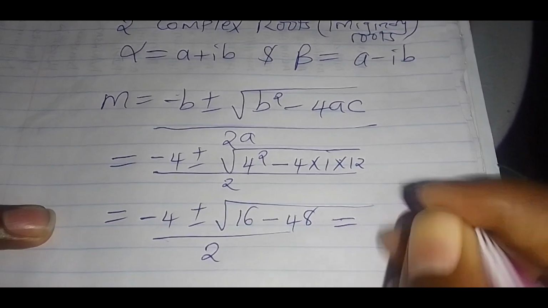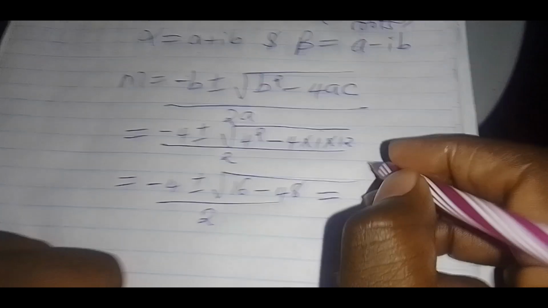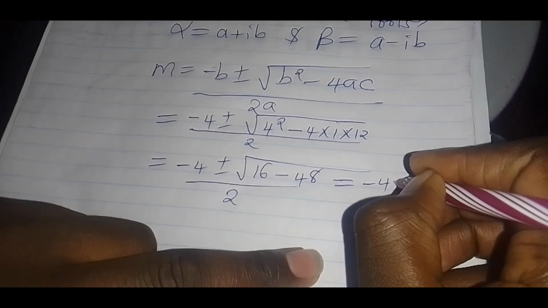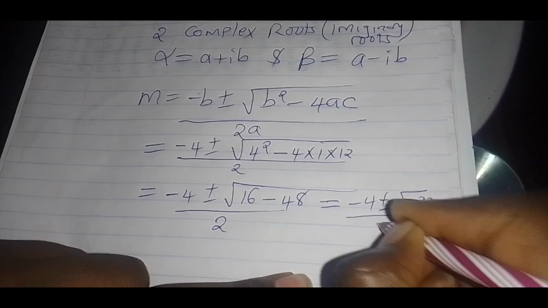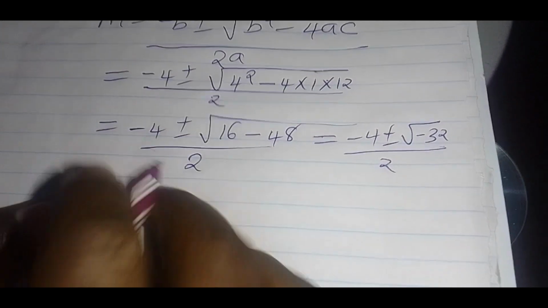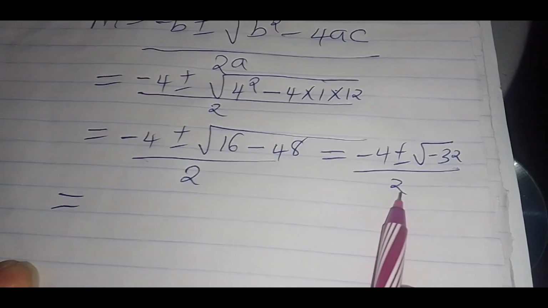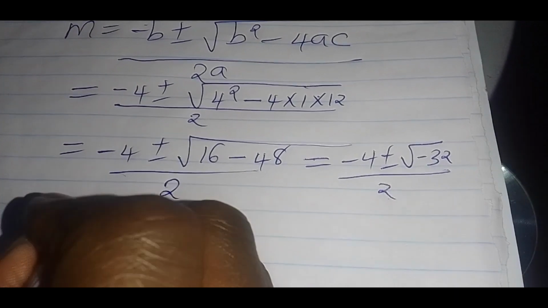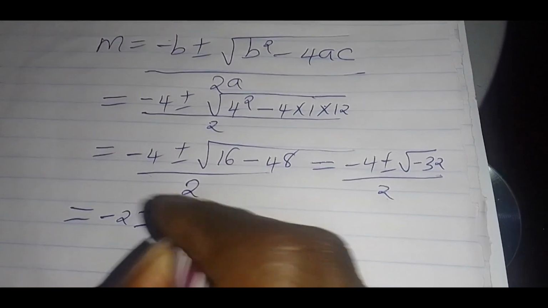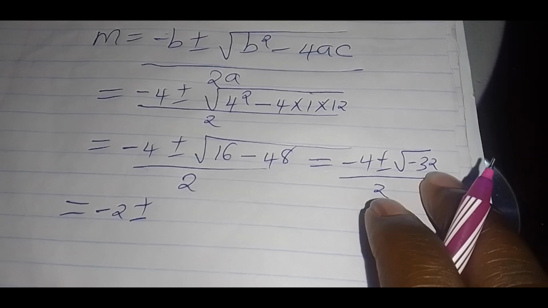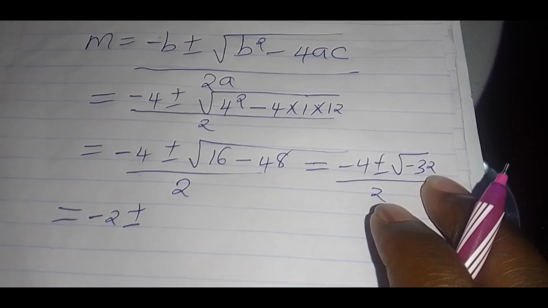So this will give us minus 4 plus or minus the square root of minus 32, divided by 2. If you divide negative 4 by 2, this will give us minus 2 plus or minus. Now we express this minus 32 in this format.